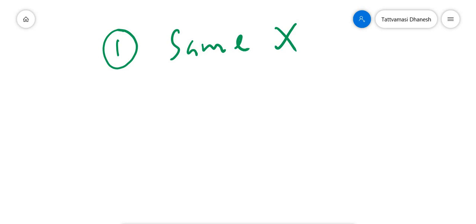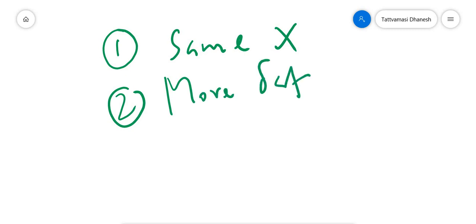First point, task A and task B have the same input X. The second point, you have a lot more data for task A than task B. The third point, low-level features from A could be helpful for learning B. So these 3 points you need to understand.